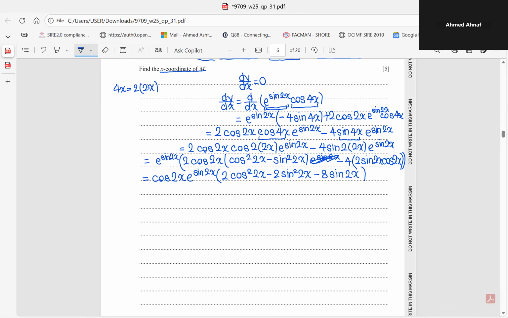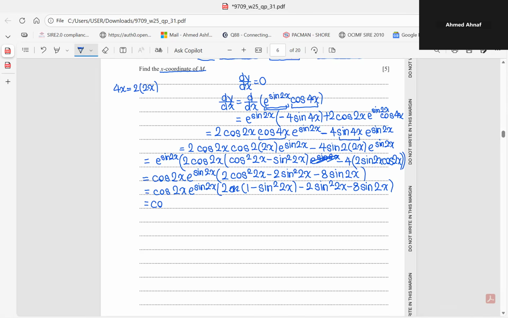Okay, so now since everything in this bracket is in terms of cosine and sine, we can re-express the cosine square in terms of sine. So this is just going to be 1 minus sine square 2x, minus 2 sine square 2x, minus 8 sine 2x.